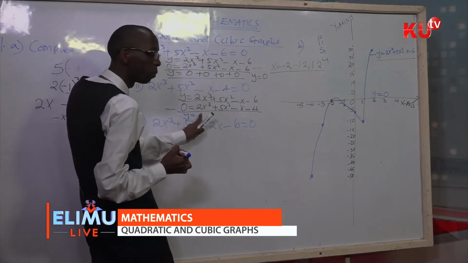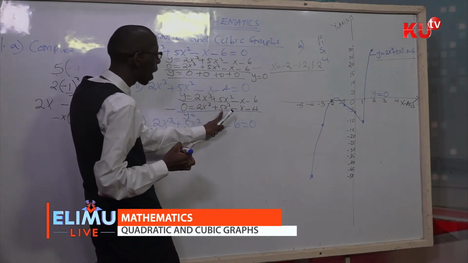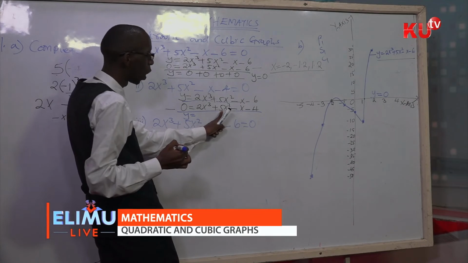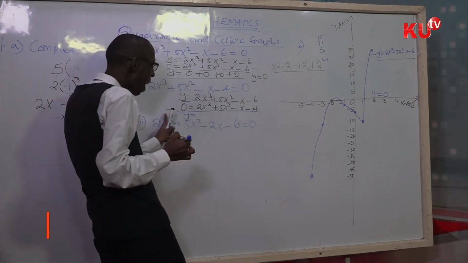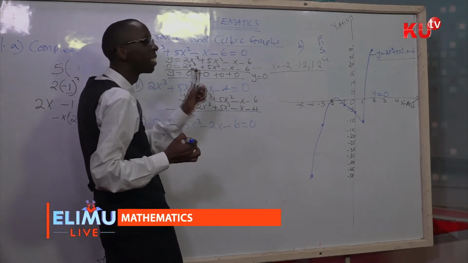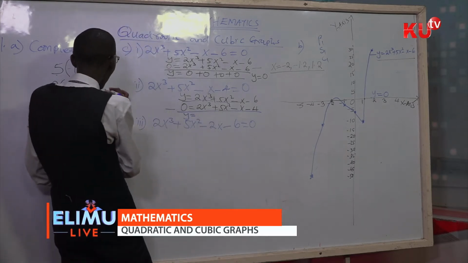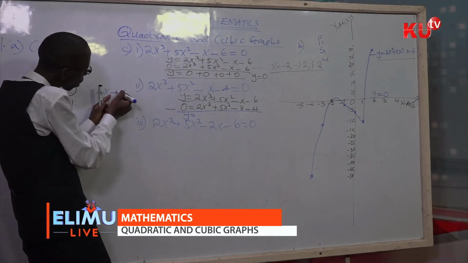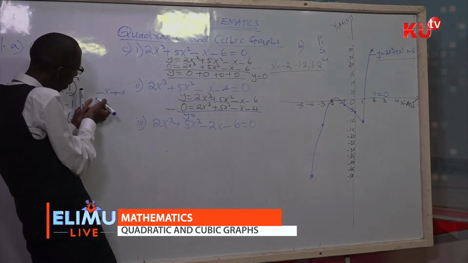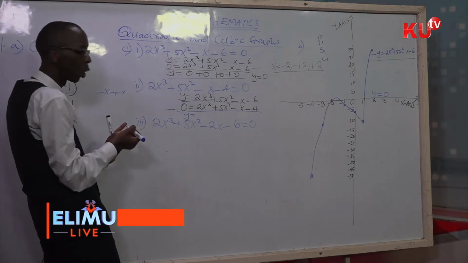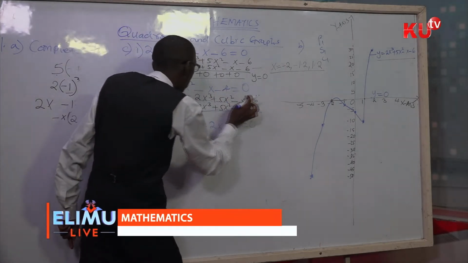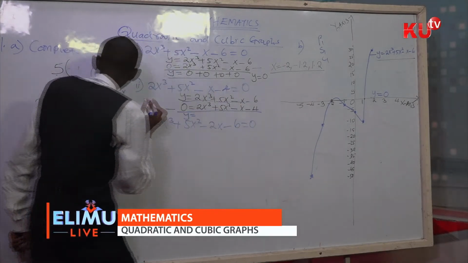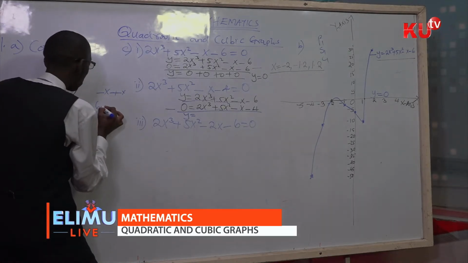Y minus 0 is y. 2x cubed minus 2x cubed is 0. 5x squared minus 5x squared is 0. Negative x minus negative x is 0, because negative times negative is positive, so negative x plus x is 0.